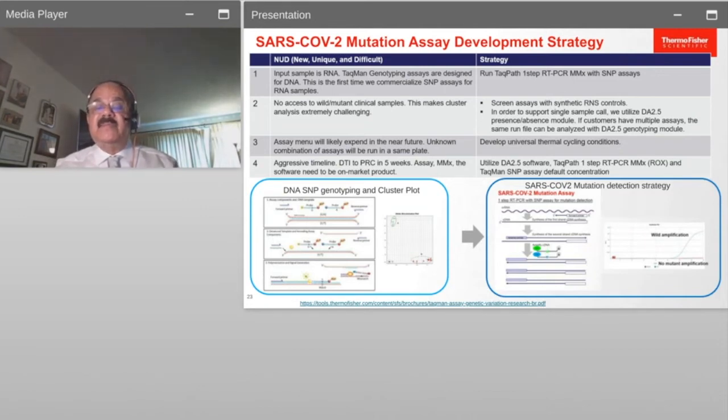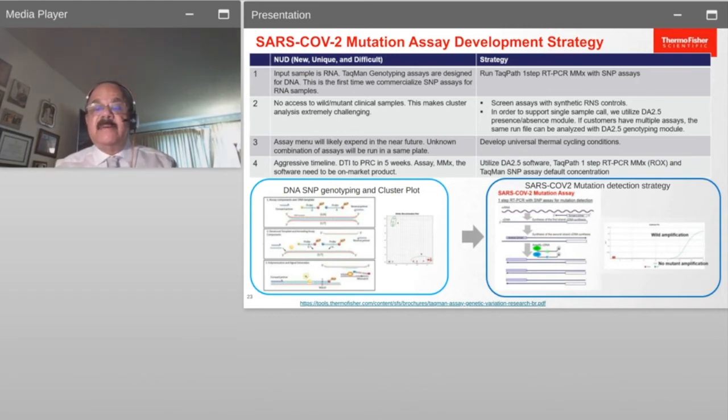So these assays have been designed and commercialized as SNP assays. They run on the routine PCR instruments with slightly different software that has to be used.